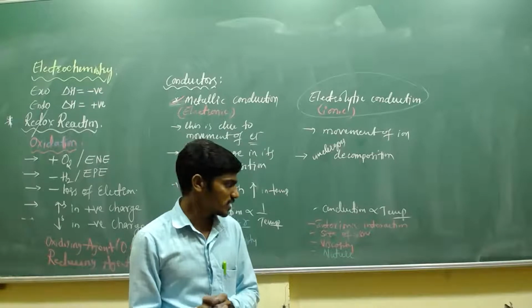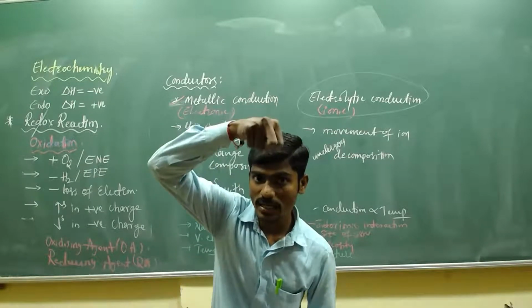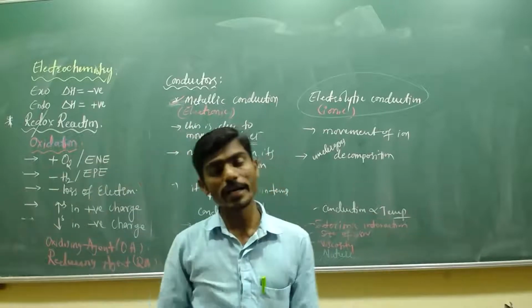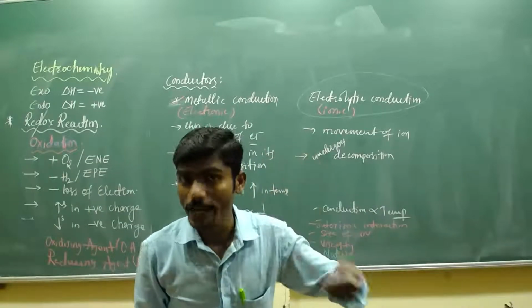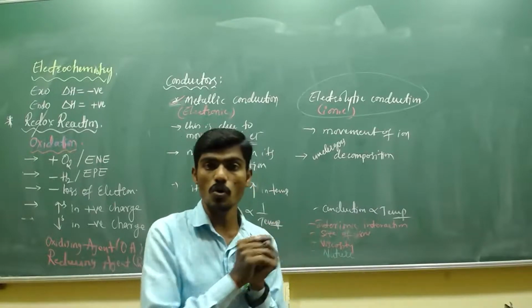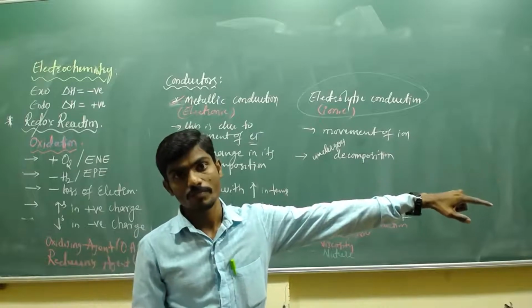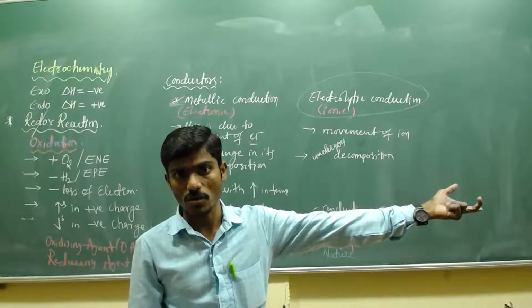Nature of substance, solute. That means whether the added salt is an electrolyte or non-electrolyte. If it is electrolyte, which is split up to give ions, therefore conduction is more. If it is a non-electrolyte, then conduction is less, because ions are not there.